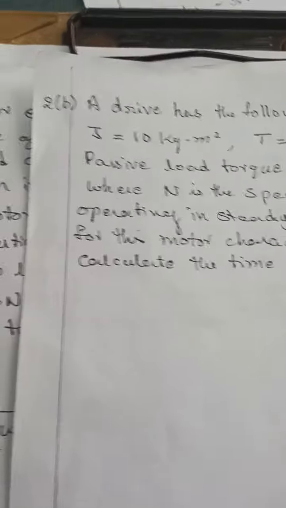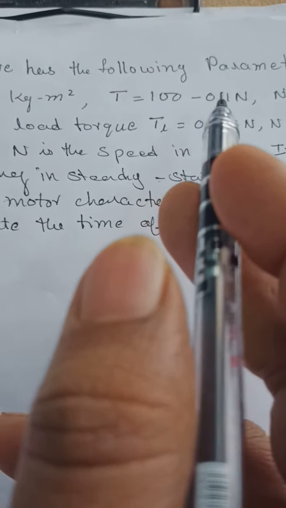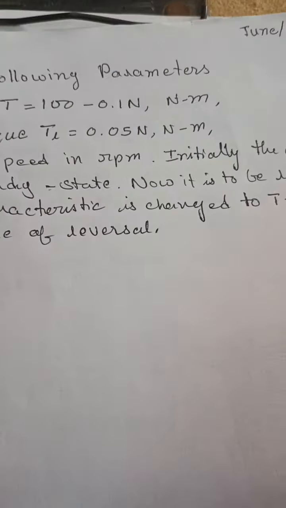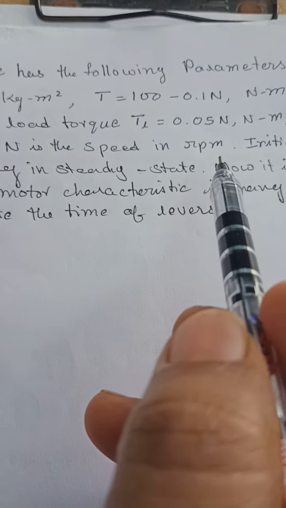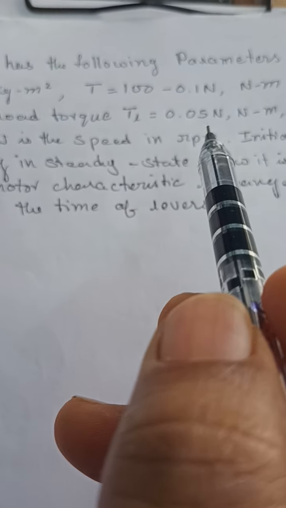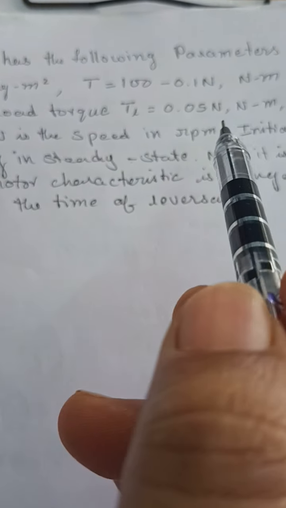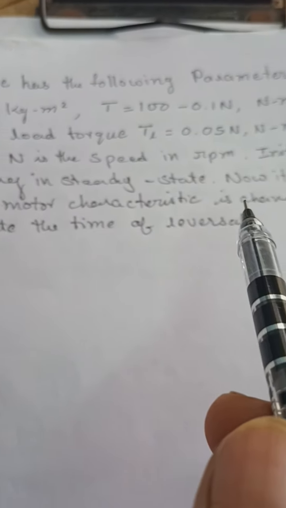A drive has the following parameters: J equals 100 kg per meter square and T equals 100 minus 0.1 n Newton meter, where n is again the speed in RPM, and the positive load torque TL is equal to 0.05 n Newton meter, and it is also operating at steady state.